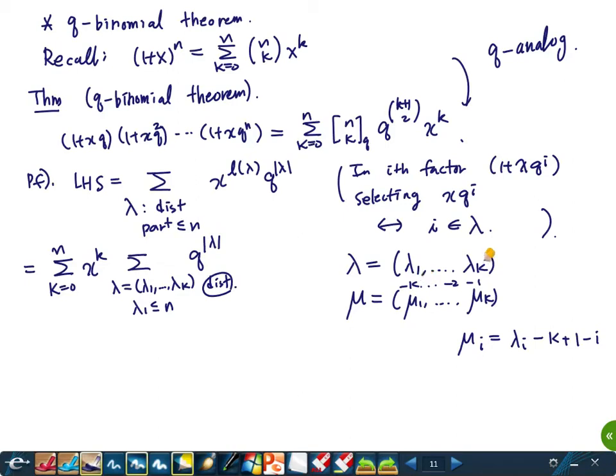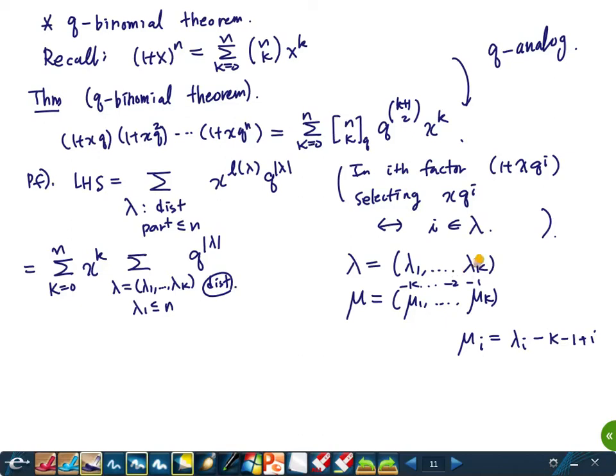Is it okay? So basically you subtract 1 from the last one, 2 from the second last, etc. So this is equal to k minus i plus i. Alright. Sorry about that. If i equals 1, we get minus k. If i equals k, we get minus 1. So yeah, I think it's okay now.